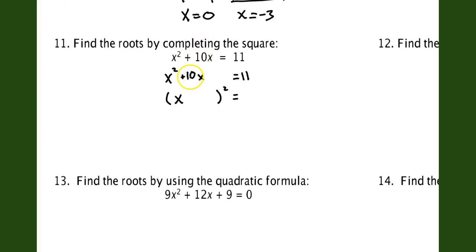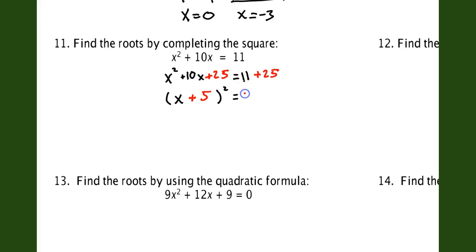So in order to have the same value here, because it's going to be the same polynomial twice, we're going to need to take half of this value, which is going to be 5, and then square it, which gives us 25. And we have to add that to both sides.